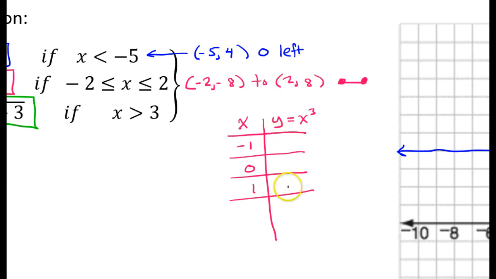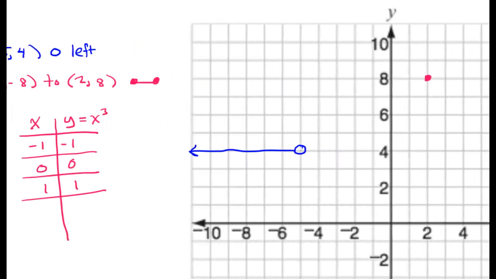So let's find these three values. Negative 1 cubed is negative 1. 0 cubed is 0. Positive 1 cubed is positive 1. So I need to include these three additional points on the graph: negative 1 comma negative 1, 0 comma 0, and 1 comma 1.